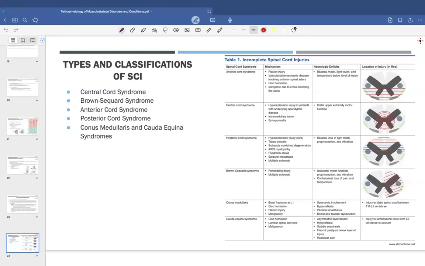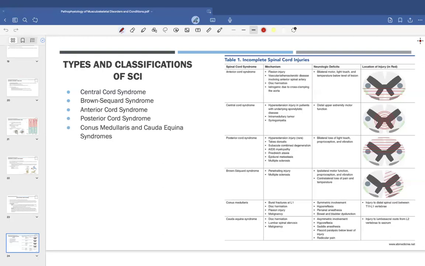Disc herniation can do it. And there have been cases where iatrogenically, when we do open heart surgery and CABG procedures, we have to cross clamp the aorta. It can actually disrupt the flow through those spinal arteries to the anterior cord.